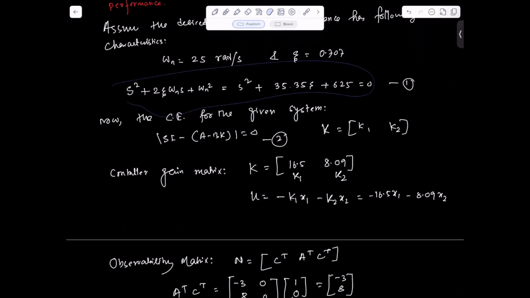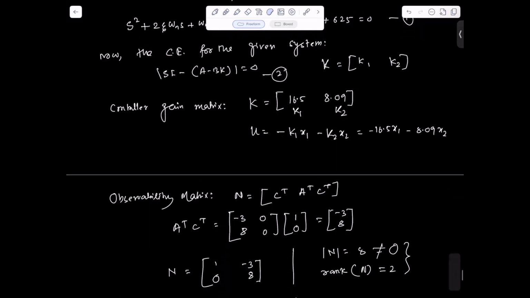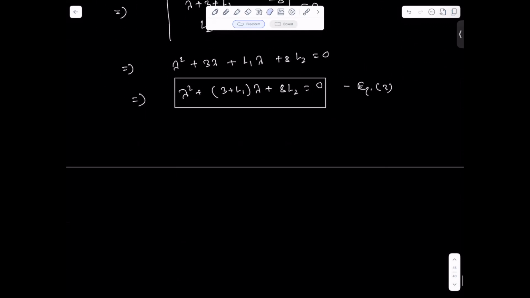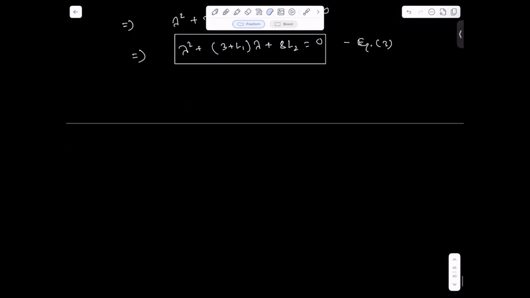Right, this is the desired dynamics we are having for state feedback control design. So let's work on this and find the eigenvalues or the poles of the characteristic equation.